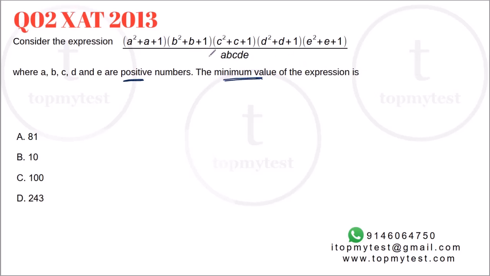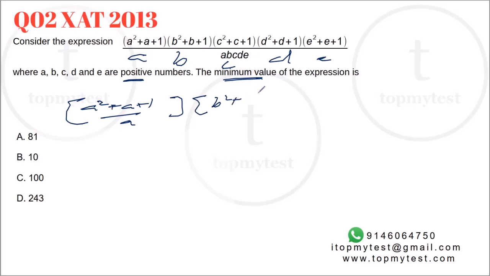Now let's try to split this. Because it's a product, I can take this divided by a, this divided by b, this divided by c, this divided by d, this divided by e, and then multiply. So basically I need to figure out (a² + a + 1)/a into (b² + b + 1)/b, so on to (e² + e + 1)/e.